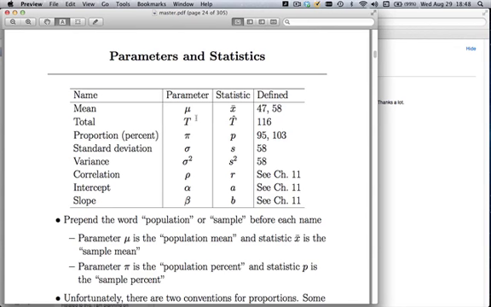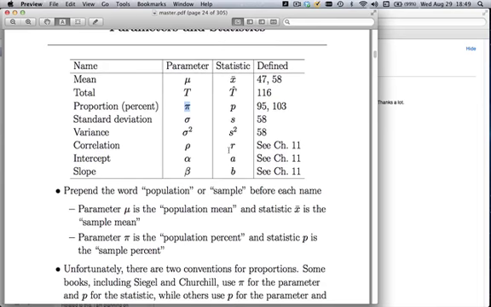We'll introduce these things in a little bit. But just to connect with what you probably have done in the past, one common parameter is a mean. We're going to use the Greek letter mu to denote the parameter, x bar for the statistic. We're going to study a lot of proportions or percents. Pi will be the parameter, p will be the statistic. We're going to study standard deviation. So sigma is the parameter, s is the statistic, and so forth.